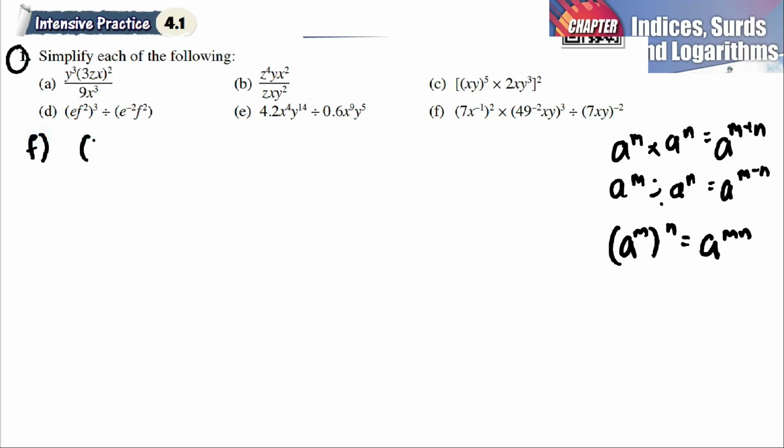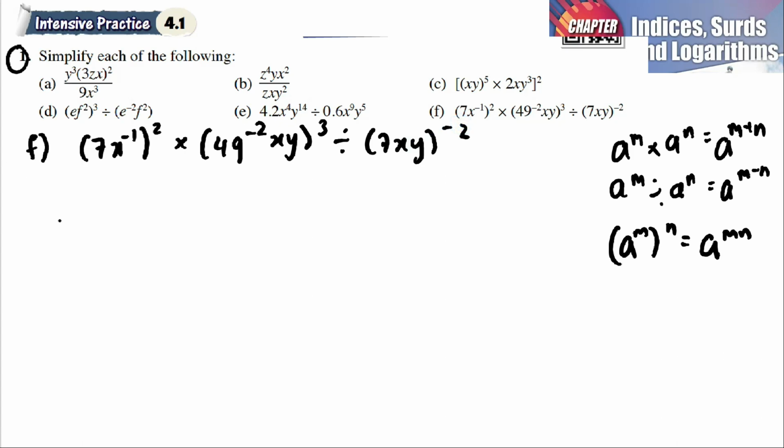Next: 7x⁻¹ squared times 49⁻²xy³ divided by 7xy⁻², which is equal to, so here we get 7². At negative 1, power of 2, that means we have to multiply the power. Negative 1 times 2 is negative 2.